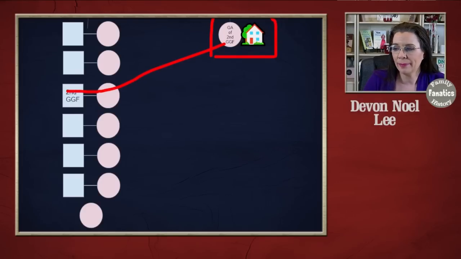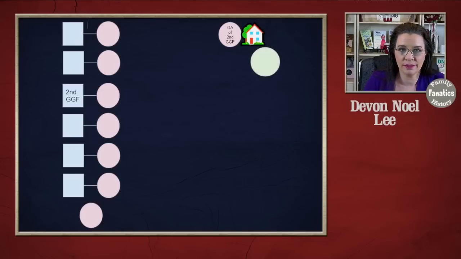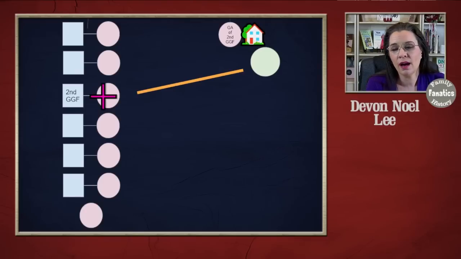And what is happening in that house? Well, there is a servant. And that servant seems to have the same name as second great-grandfather's wife. And what is also not in that question, which could be the same, but you need to spell it out, are they the same age?